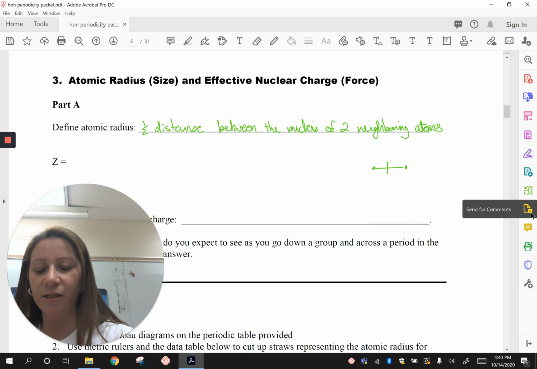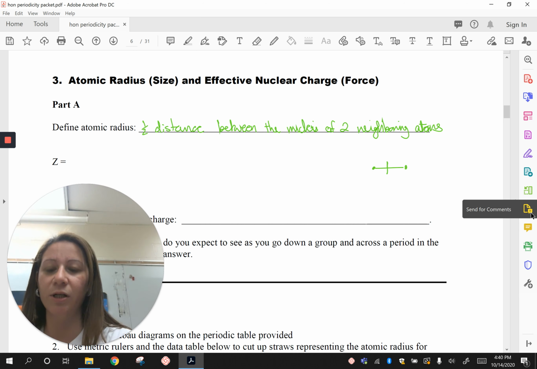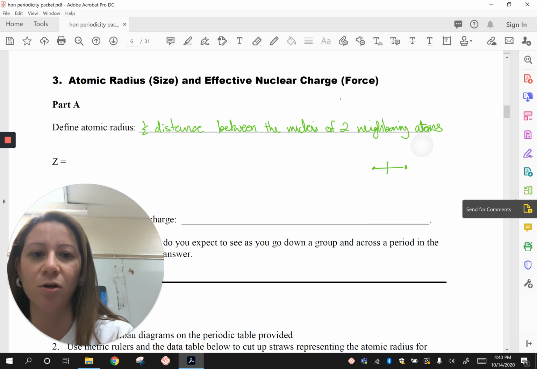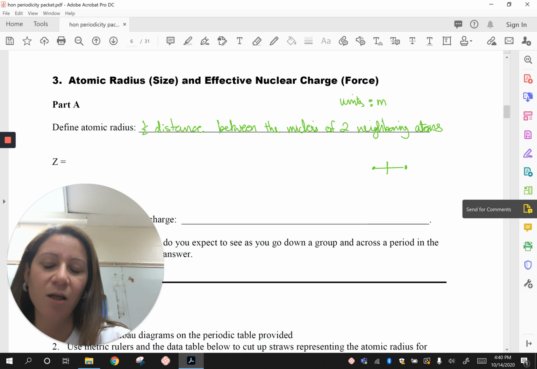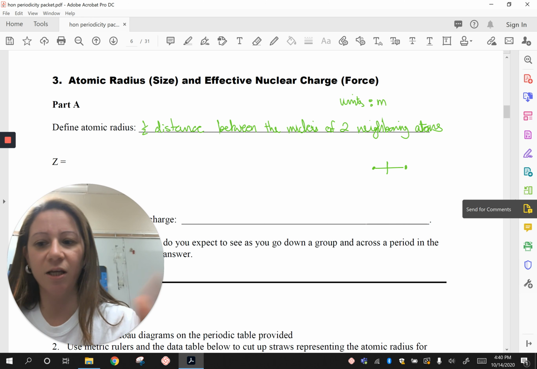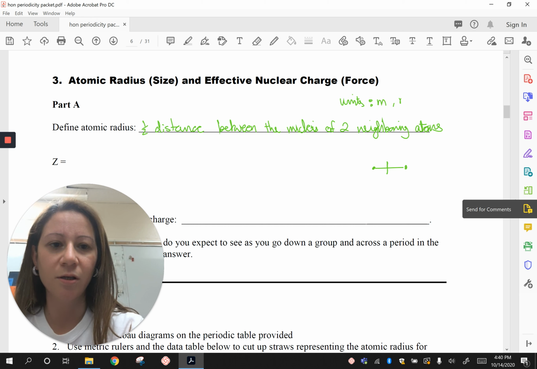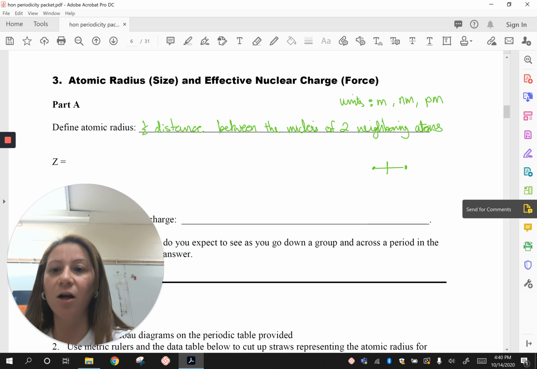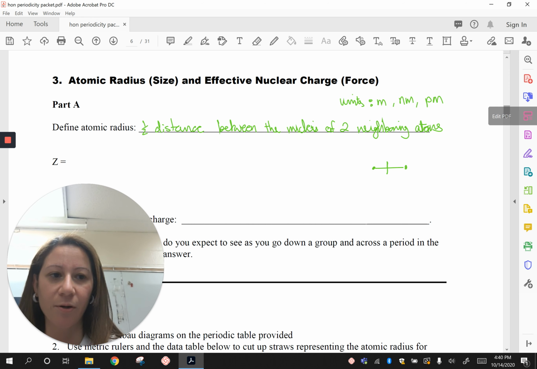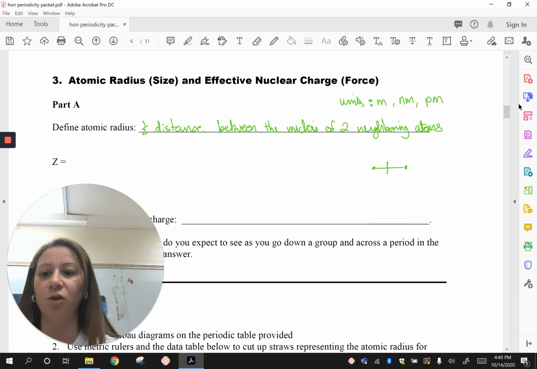Since this is a distance, we'd use units for distance, so we can use meters. But these atoms are really tiny, so a lot of times we use nanometers or picometers or angstroms or something like that.